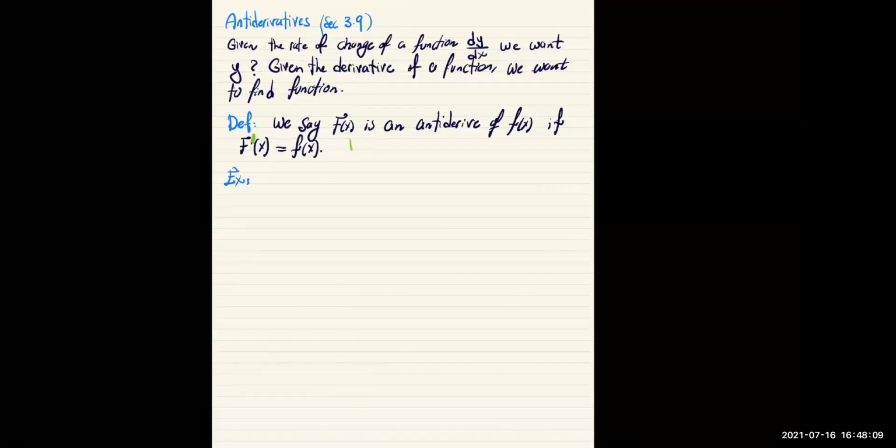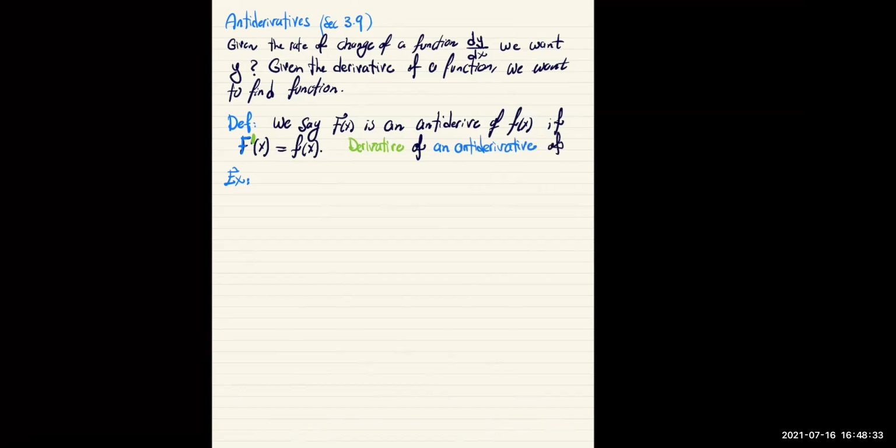Here I'll use a prime for that notation. So this says that the derivative of, and let me use blue for capital F, the derivative of an antiderivative of a function is the same as that function.